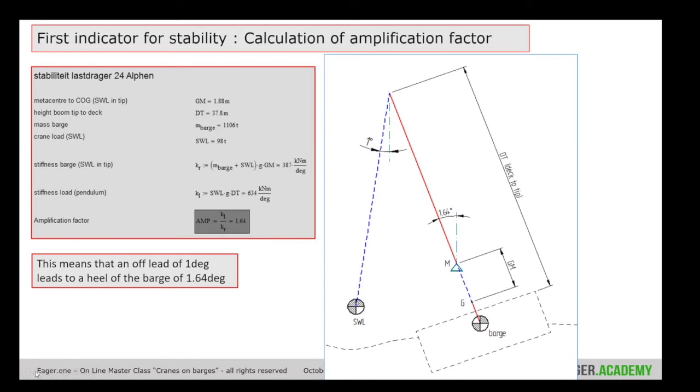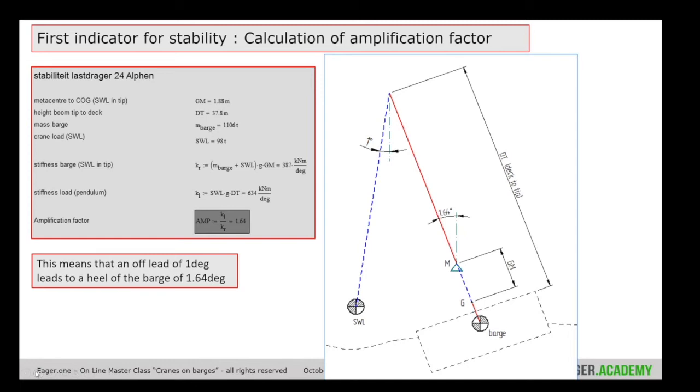To put it into perspective, take the barge stiffness, 387 kilonewton meters per degree. Let's say 38 tons on a meter delivers you 1 degree of trim. That is exactly what it says: 38 tons, 1 meter from the center line of your barge delivers you 1 degree of rotation. That is exactly what a stiffness says.